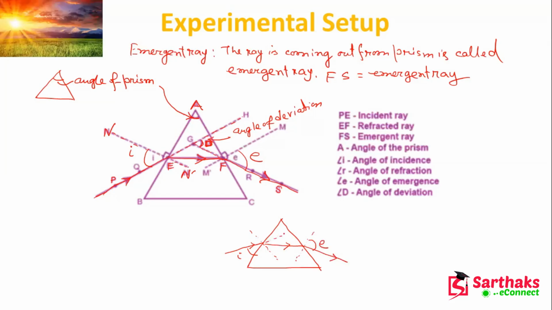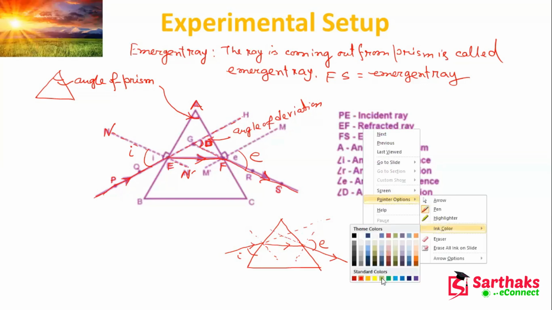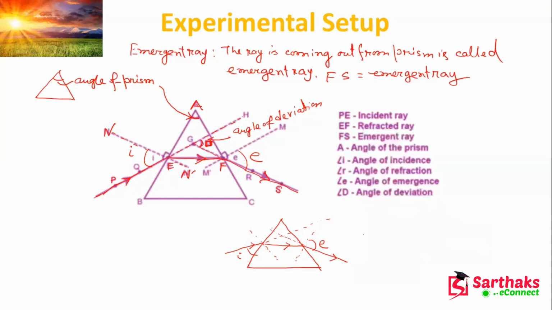If it did not refract, this would be the path. But after refraction, if we extend the path here, I am changing the color so it will be more clear for you. This line, and this line.